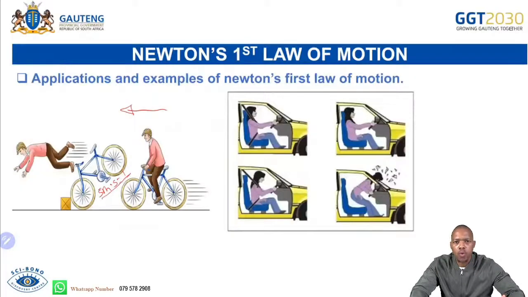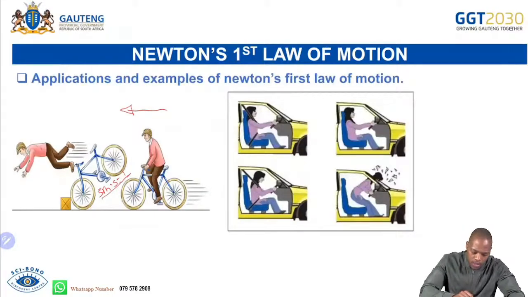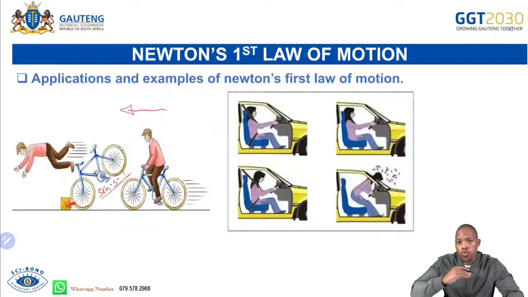What is this going to cause? This is going to cause you to fall, and you are going to fall forward. You are falling forward because you are continuing to move in uniform velocity. So the net force only acted on the bicycle, the net force that stopped the bicycle, it only acted on the bicycle, not on you. So you continue moving with the constant velocity.